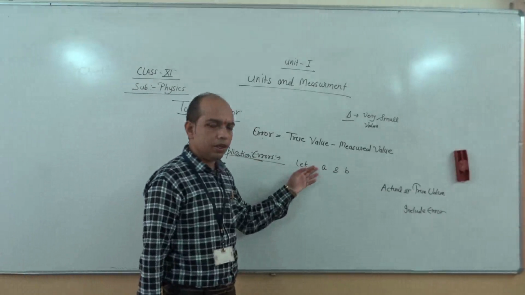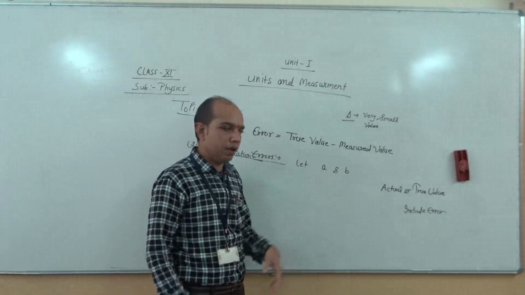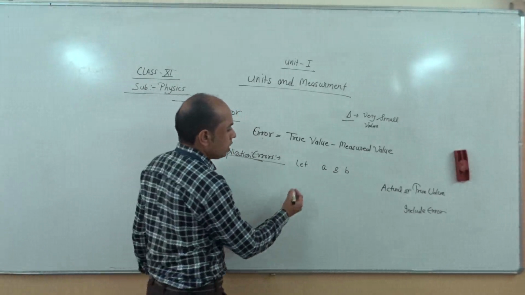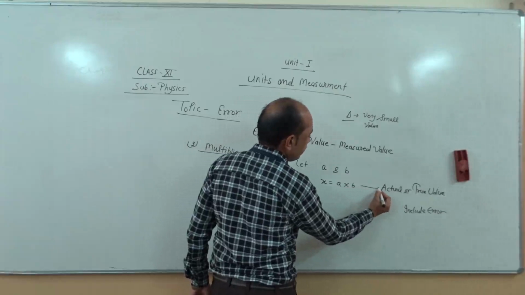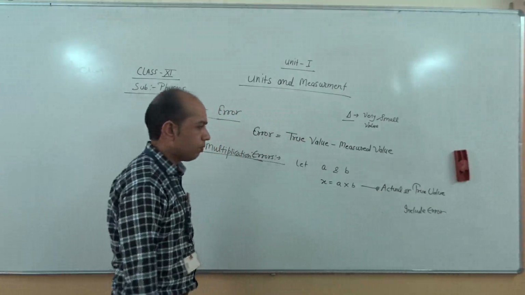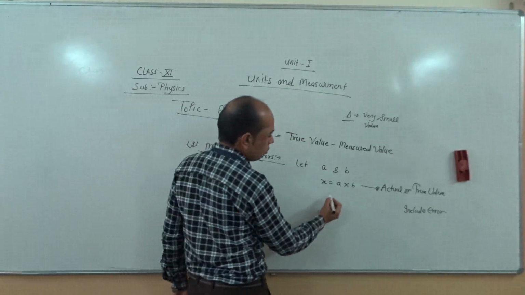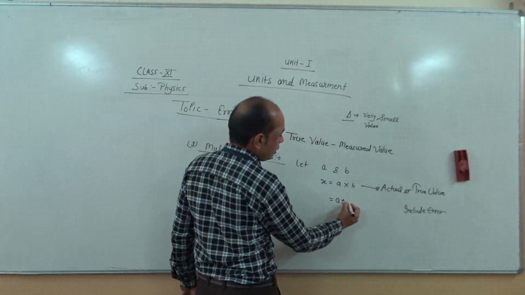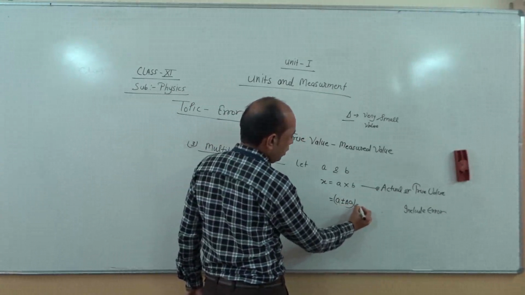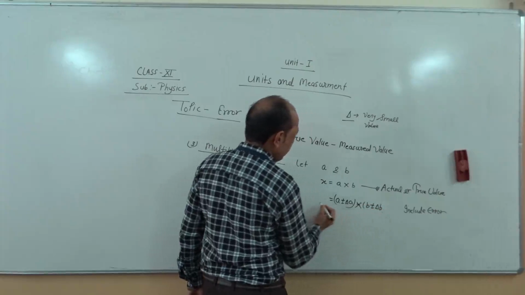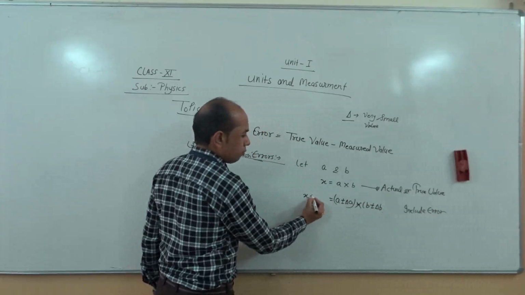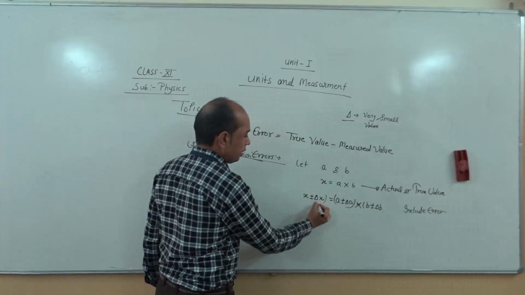Again, like in the previous one, a and b, two numerical numbers. Because of multiplication, now x is equal to a cross b. This is the actual or true value. Now we include the error. So a plus minus del a, b plus minus del of b, and obviously the result is now x plus minus del of x.